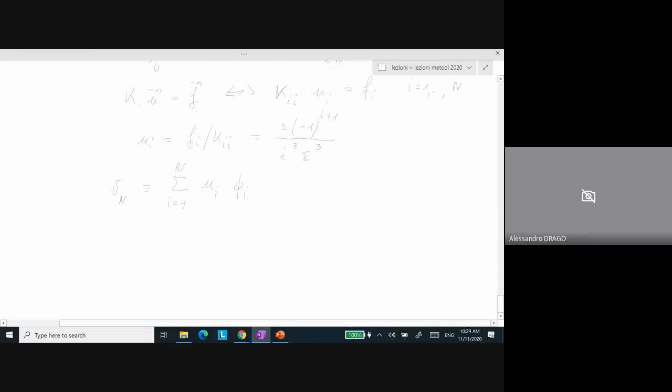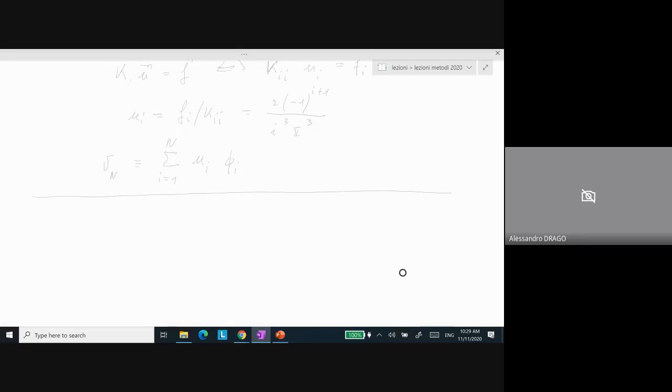Second example: what happens if I slightly complicate my life. Instead of having that equation, let's now consider the following equation. Minus the derivative with respect to x of (1 plus x) du over dx, still equal to x.